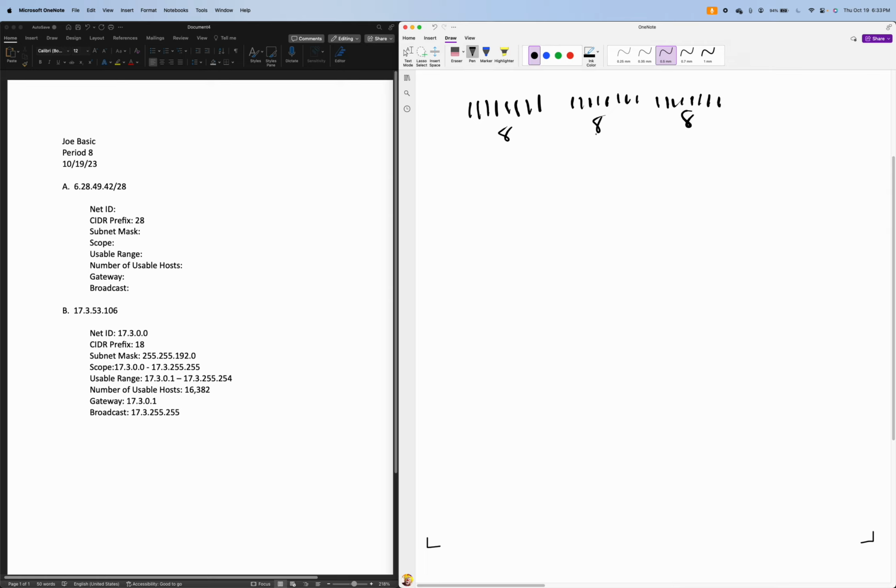Another octet. This is 24. 1, 2, 3, 4, 28. And then the rest are now zeros. So 8 plus 8 plus 8 plus 4 is 28. So that's how you know you have the right amount of ones and zeros.